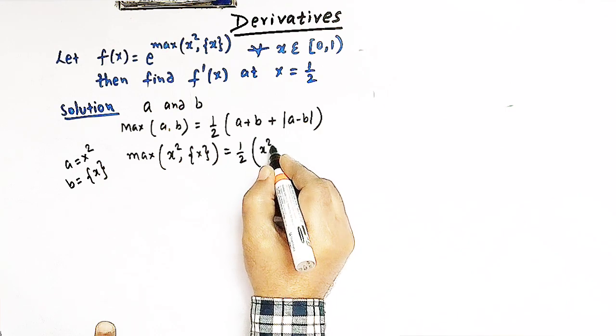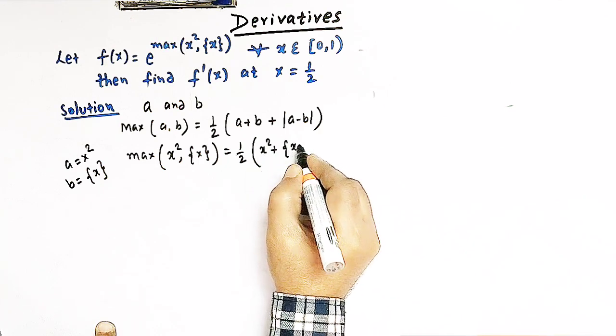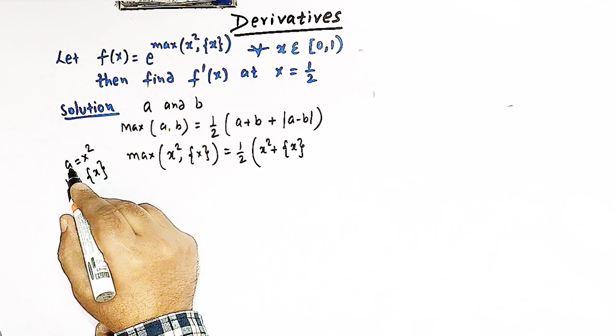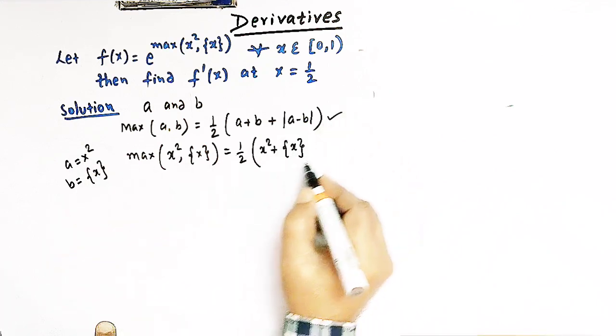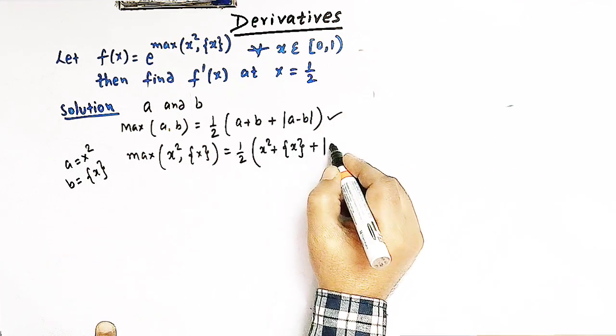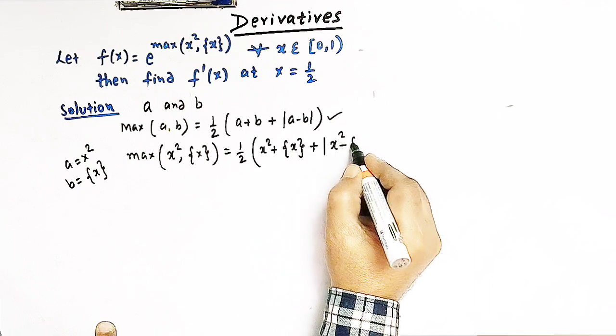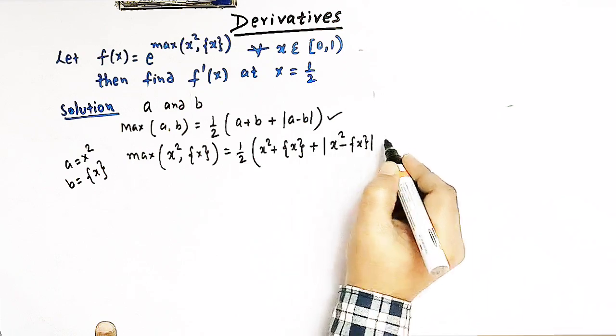So we have x square plus fractional part of x, substituting the values of a and b in this result, and then we have a mod of x square minus fractional part of x, right?